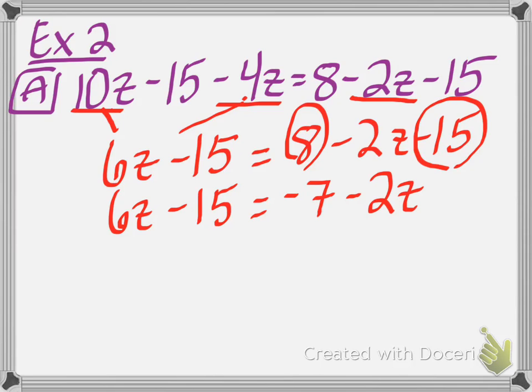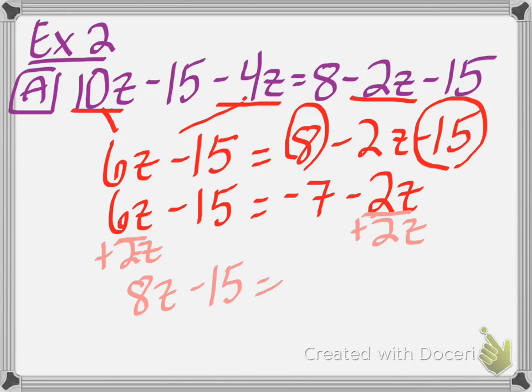Now I only have one variable term on both sides. So again, which direction should I move? This one is negative, so I'm definitely moving this one to make it positive. Let's add 2z to both sides. 6z plus 2z gives me 8z minus 15 equals, this goes away, -7.